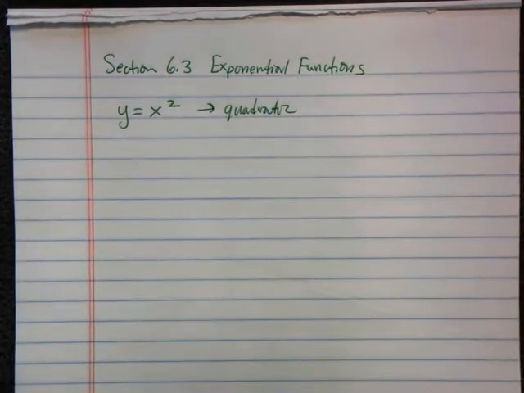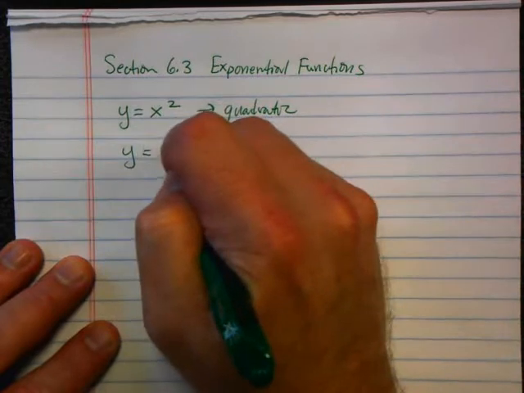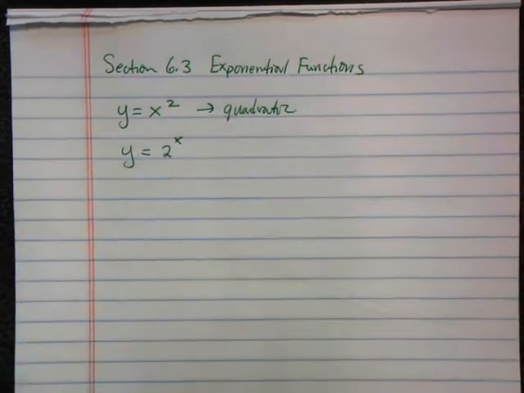It's not just that they have exponents. There has to be something special about the exponent. They look like this. That one would be called an exponential function. So what's special about the exponent? It's the variable.